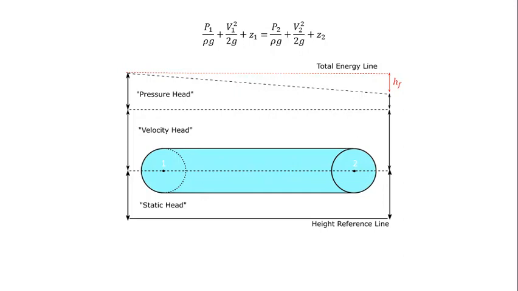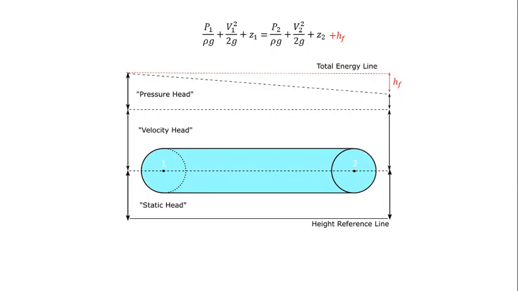Now, it's important to note this head loss is taken out of the pressure head component. Our understanding of the velocity-area relationship from flow continuity still remains true, and thus the velocity head and static head are unaffected by this head loss. This term HF must simply be added on to the end of our Bernoulli equation to give this more realistic portrayal.